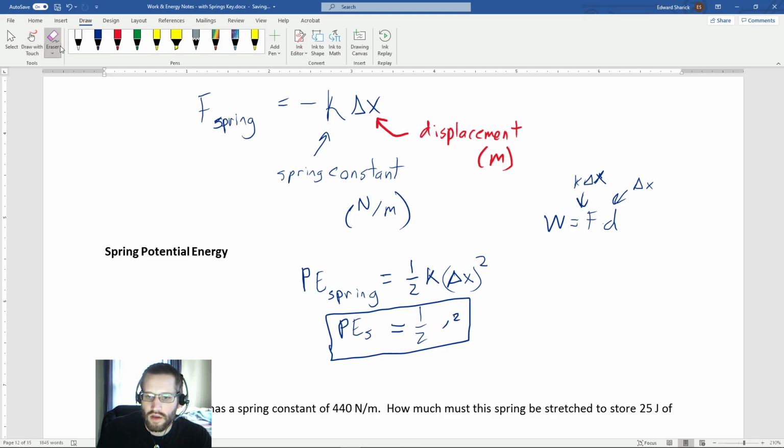Let me clean this up a little bit. 1/2 k x squared. So k is our spring constant, and x is the amount stretched or compressed.